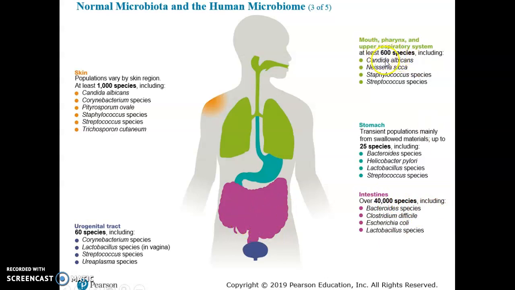Upper or mouth, the pharynx, upper respiratory tract, 600 species. So our mouth is a very dirty place. They've got the lungs here colored in the green, but the lungs are actually the lower respiratory system, so you really shouldn't have bacteria in your lungs.